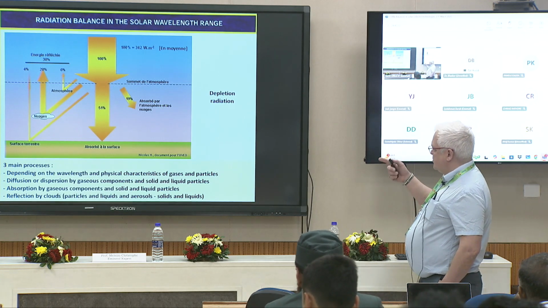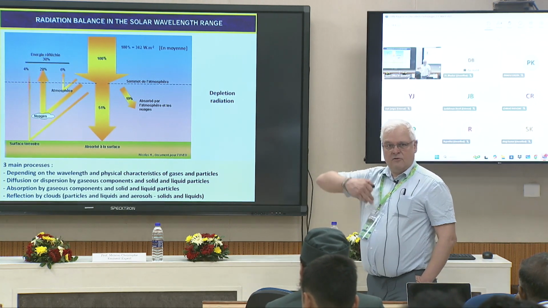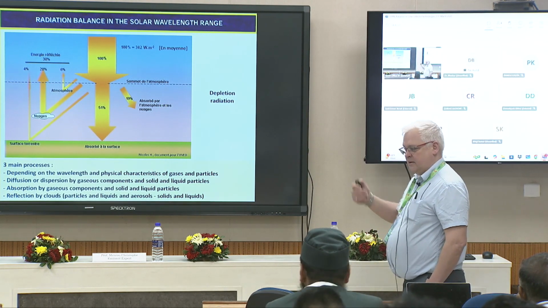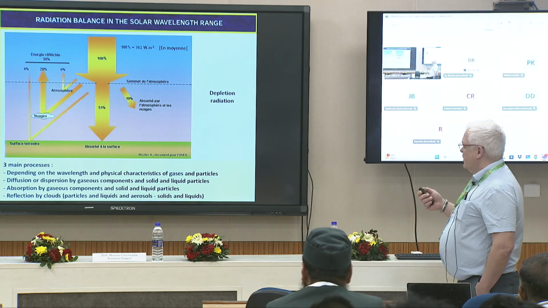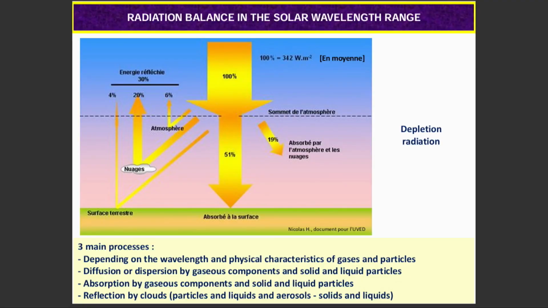Around 20% is reflected by these clouds, so goes back into space, and 4% by the terrestrial surface. So it's more or less what happens.